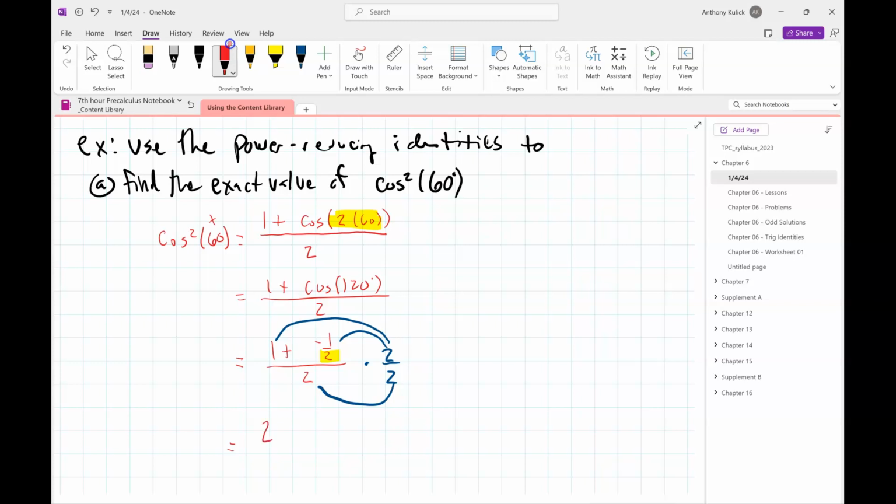So 2 times 1 is 2. 2 times negative 1/2 is negative 1. And then 2 times 2 is 4. And then 2 plus negative 1 is 1 over 4. And we're done.